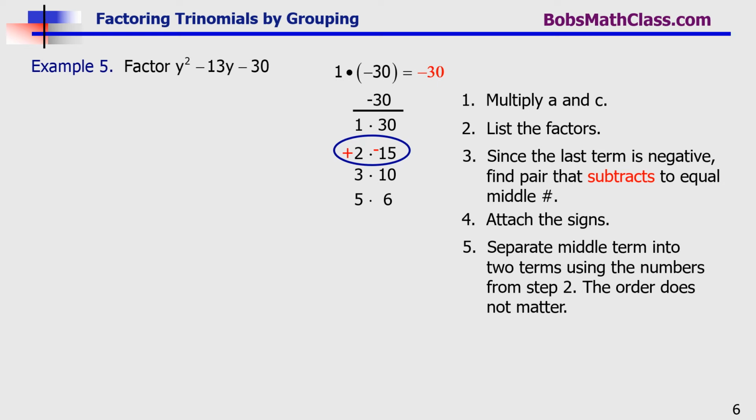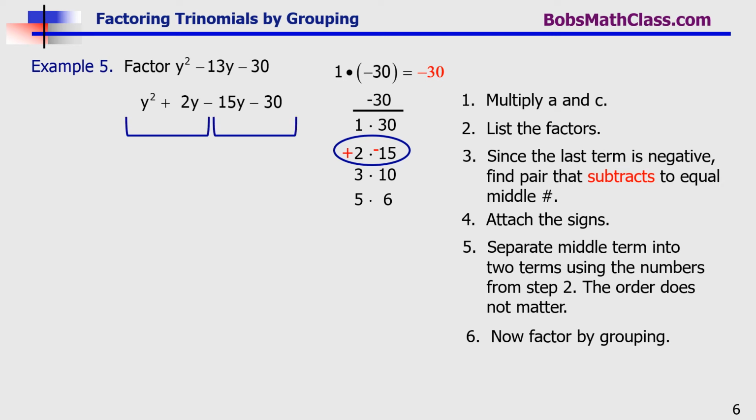Separate our middle term into two terms. Now we can factor by grouping. GCF for the first pair is just y.